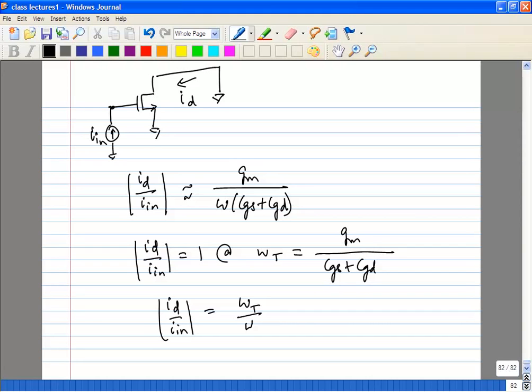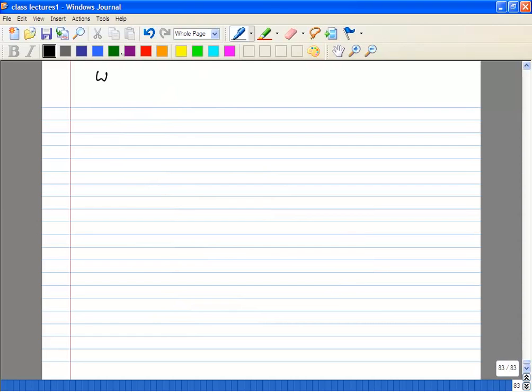Okay. And for long channel devices, you can further approximate your omega t, right? CGS is much larger than CGD because CGD is just the overlap capacitance. CGS comes through most of the length of the device. So let's neglect it. So quite often you would approximate it as Gm over CGS. So what is Gm?